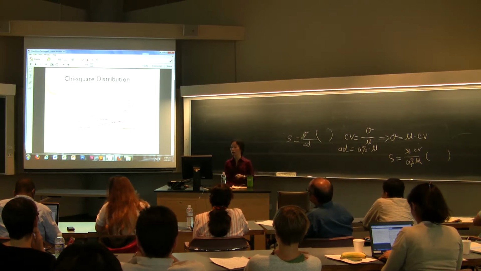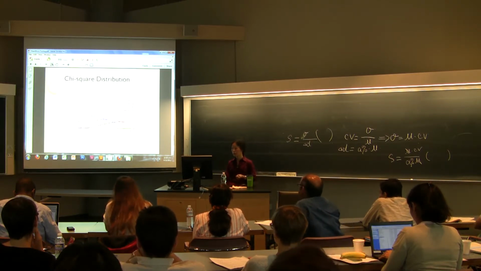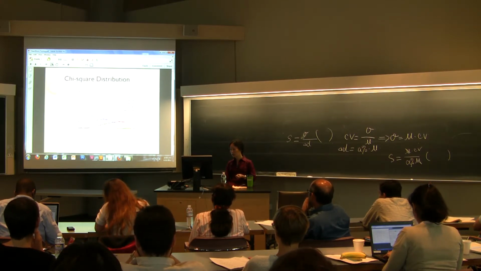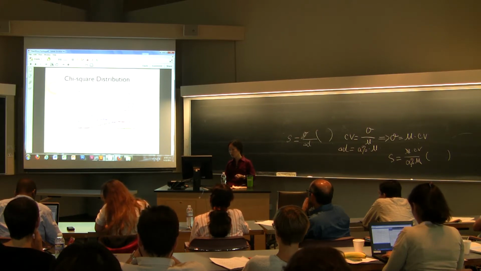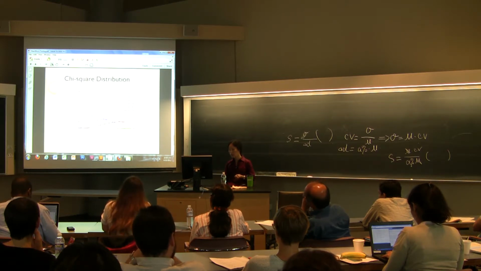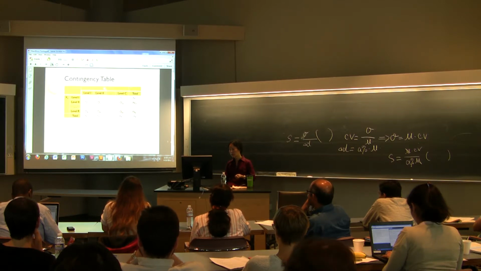This is how the chi-square distribution looks with different degrees of freedom. The yellow line is for degree of freedom 1, and when the degree of freedom increases, the shape changes.